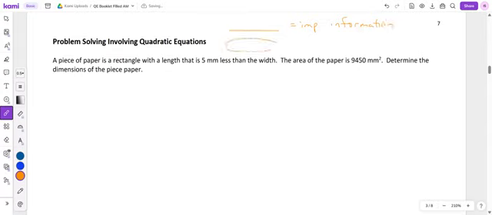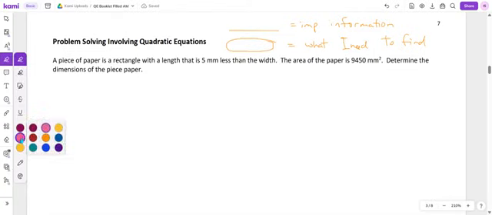And I circle what I need to find. So I actually have two different highlights, two different colors that I might use. So a straight line is just important stuff. Circle is, this is what I need to actually solve for or find. What is the question asking me to do?